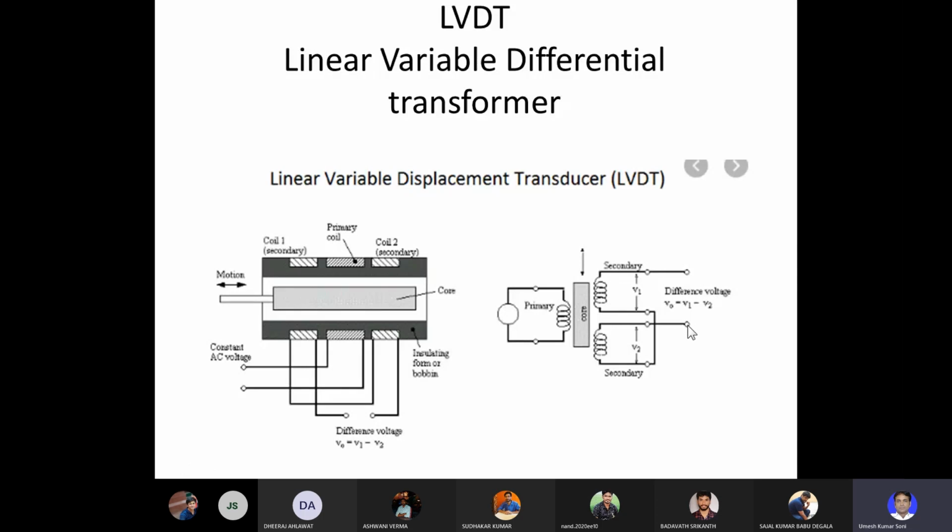So this variable output voltage, its polarity and magnitude, can provide the direction and the magnitude of displacement in the linear variable differential transformer. This type of linear position sensor can be used for prismatic type robotic manipulator arms.